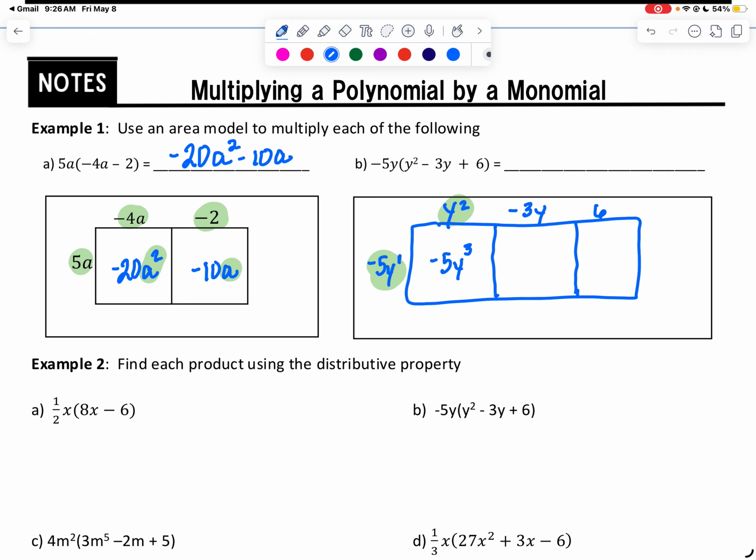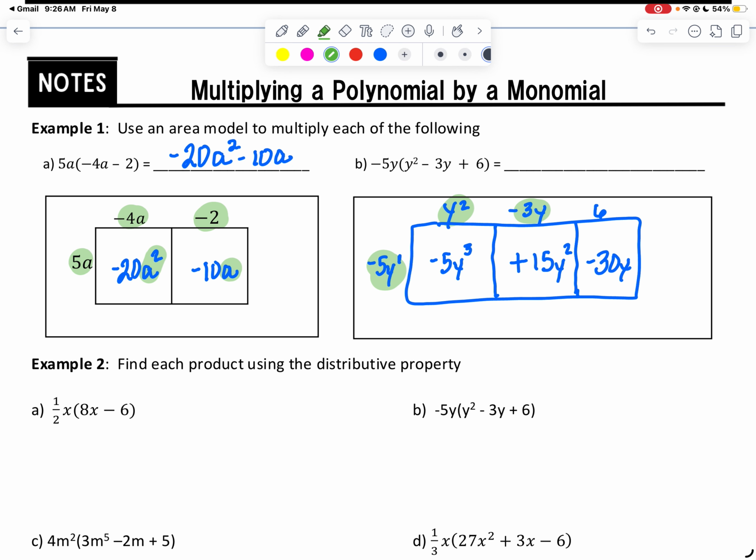Then we have negative 5y times negative 3y, which would give us, and I'm going to write the sign positive, and you'll see why I'm doing that in just a minute, 15y to the 2 power. And then negative 5y times 6 would give me negative 30y. Now, can I combine any of those terms?